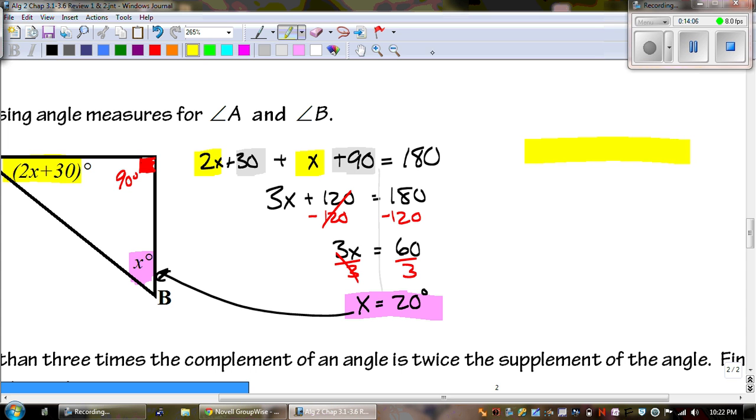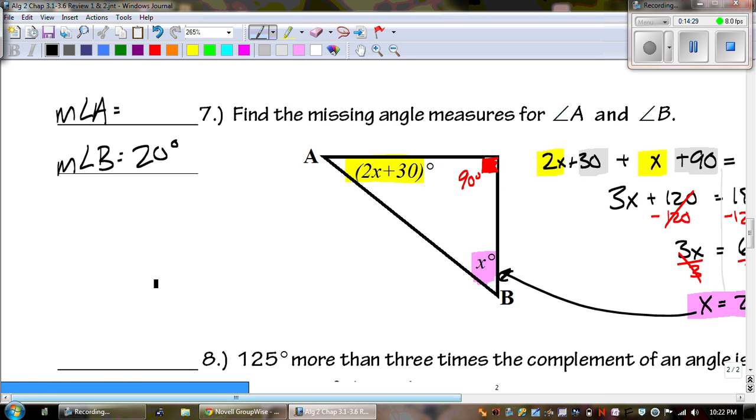Now, the only angle that I need is angle A. So we're going to plug in for x, and I know that x is 20. So 2 times 20 is 40, and 40 plus 30 is 70. And that's going to be 70 degrees. So the measure of angle A is 70 degrees.